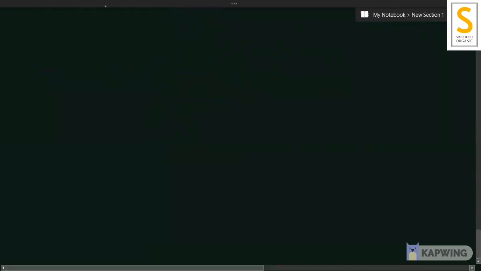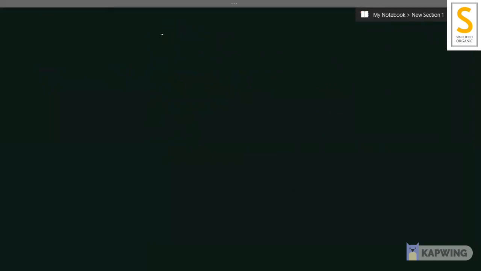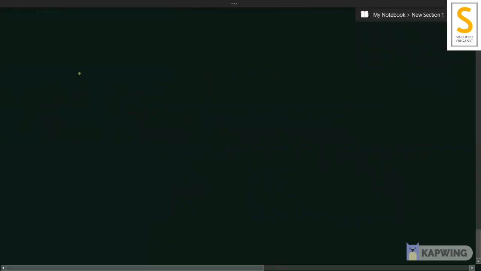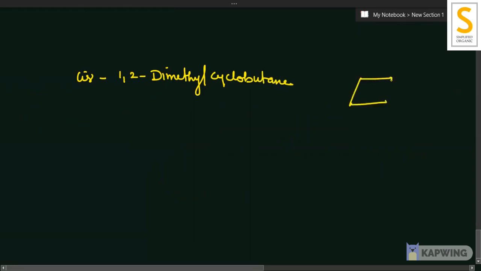One more example we can take for better understanding. It is cis 1,2 dimethyl cyclobutane. So this is the cyclobutane and two methyl groups.